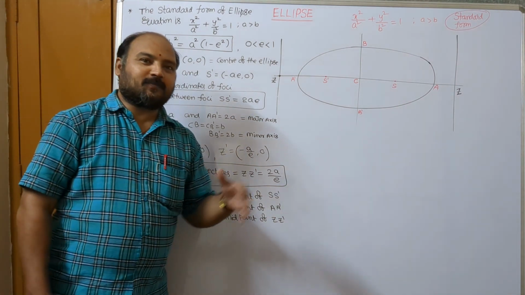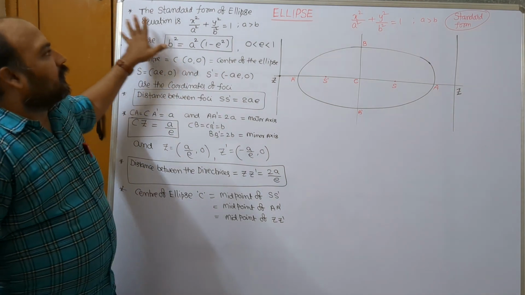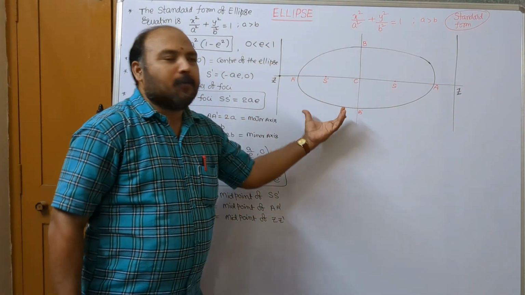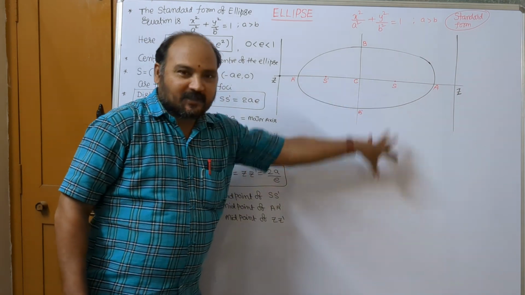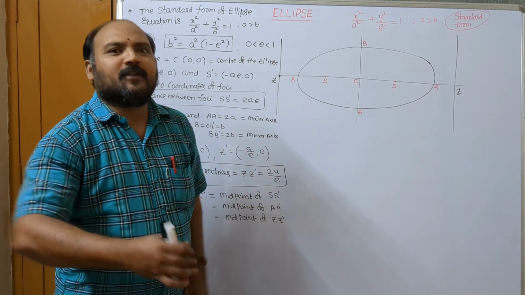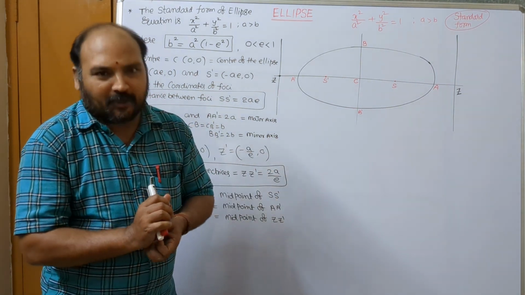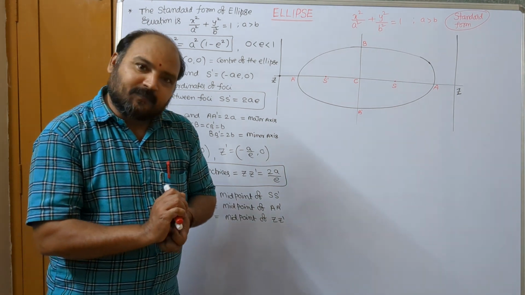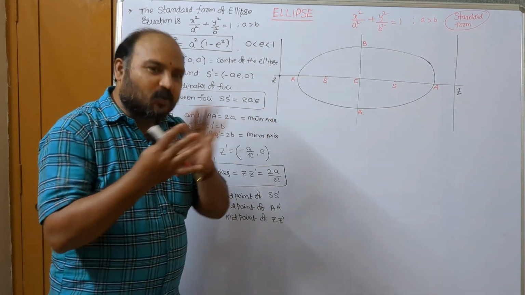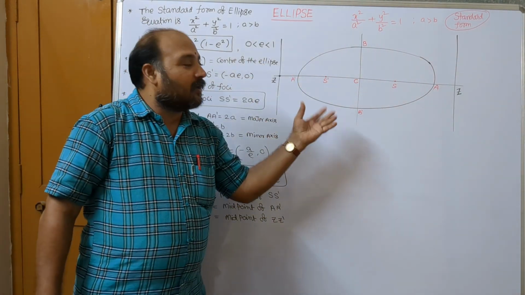After knowing the concept of chord, focal chord and Latus rectum, for the standard equation of ellipse, the importance of these terminologies is very high, dear students. If you know this, in the next video, I will make one video on various forms of ellipse, and related problems also I will explain in that video. They are easy to understand.